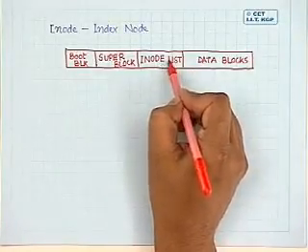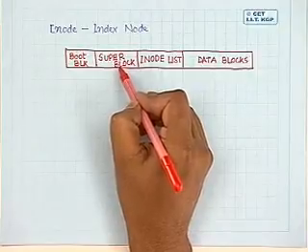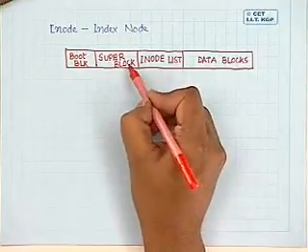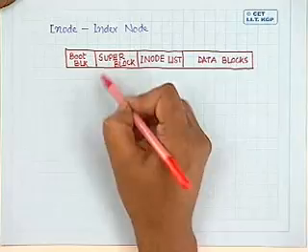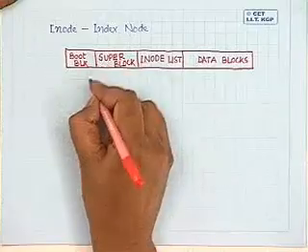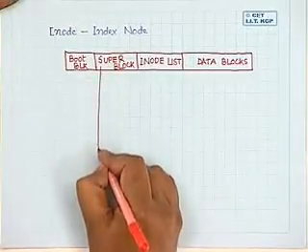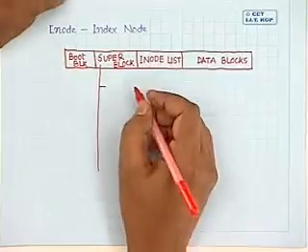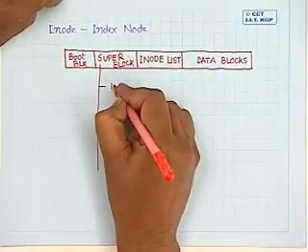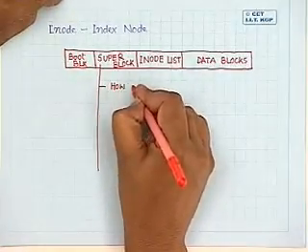Again, some of the inodes are put into the super block. We'll come to those things in detail later. Along with that, the super block contains many other pieces of information. One is how large the file system is.